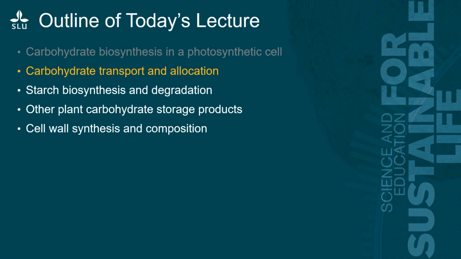That was the first session. Now we know how the carbohydrates are synthesized, and in the next slides we will look at how these synthesized carbohydrates are transported to the sink tissue and stored there. So that's called carbon allocation.